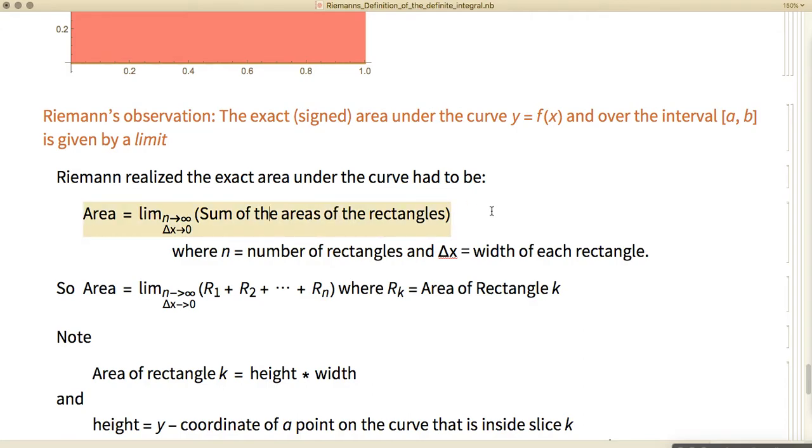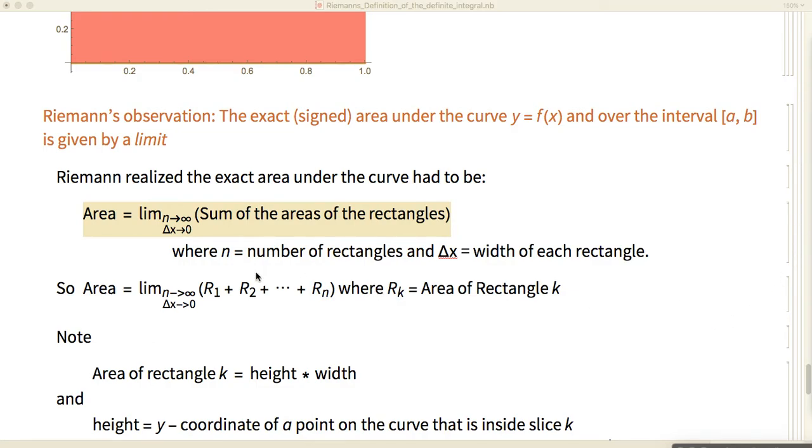So what this is saying is that the true exact area is going to be the limit as the number of rectangles gets big and the width of the rectangles goes to 0 of the sum of the areas of the rectangles. That was what Riemann's insight was.